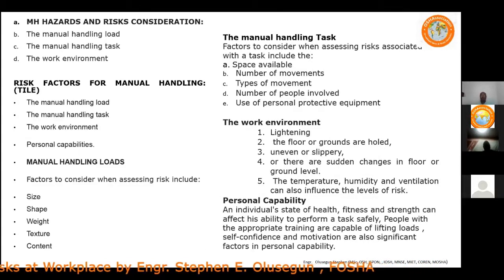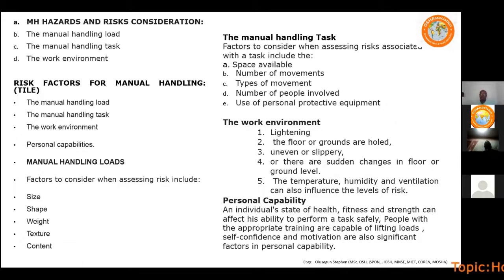Number of people involved. At times you can be carrying something that is not only you, it could be two people. When you are carrying something that involves two people, it requires additional control, because it's not only you. You have to consider the condition of the other person, the height, his capability, his ability to carry what the two of you are doing together.